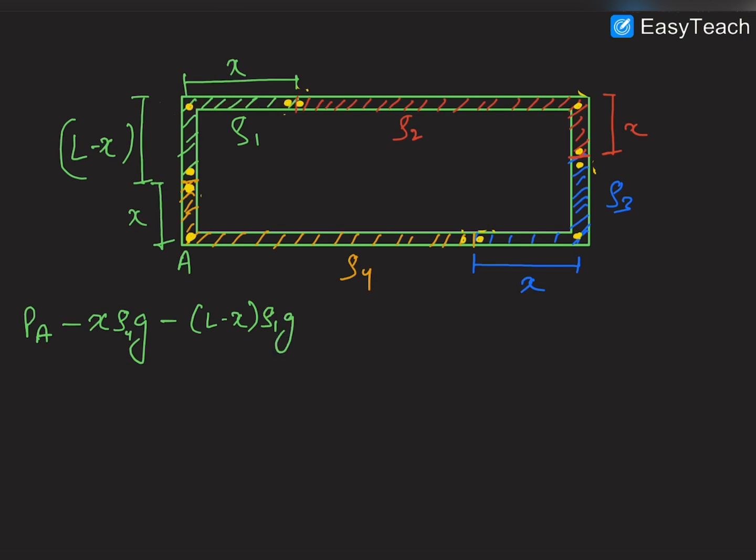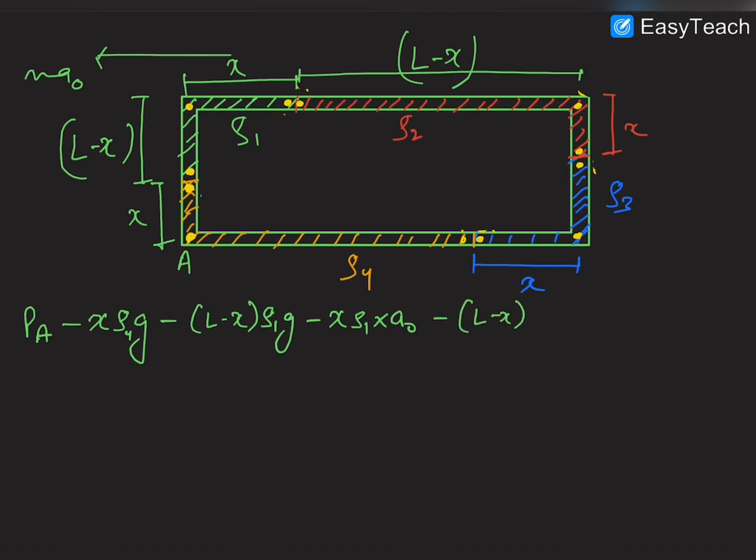Now we know that the pseudo force is acting in the backward direction and we are moving in the forward direction in this section. So we can say that the pressure will decrease. So this will be minus X into rho 1 into A naught. A naught is the effective acceleration in X direction. This length will be L minus X. So the pressure variation will be minus of L minus X into rho 2 into A naught.